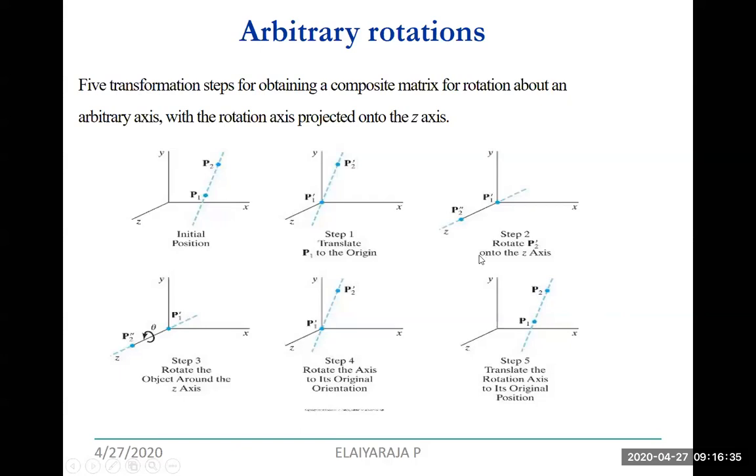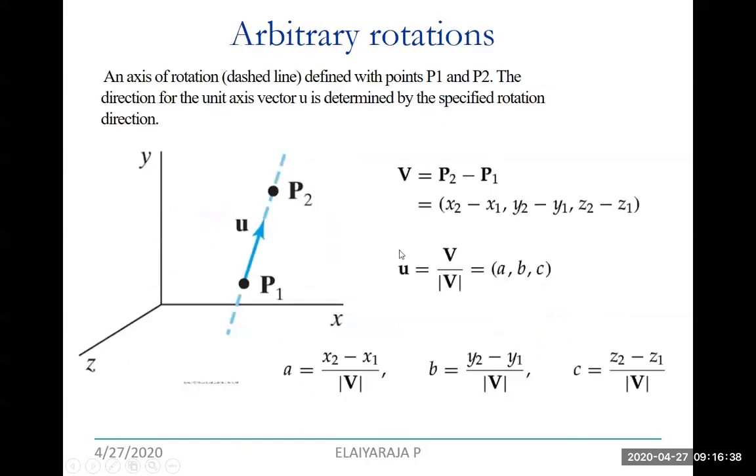So for arbitrary rotation, given points P1 and P2, we define the direction of the unit axis vector u from P1 to P2, determined by the specified rotation direction about the x-axis, y-axis, or z-axis.